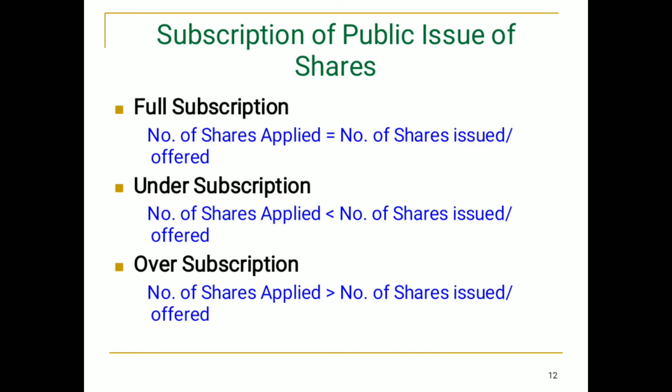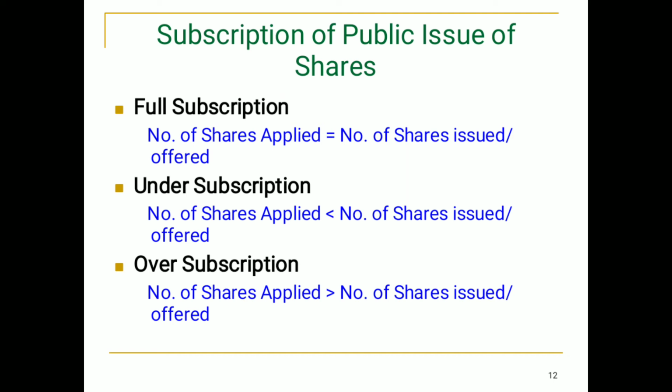Subscription of public issue of shares: full subscription, under subscription, over subscription. Consider a simple example to understand this concept. Say, for example, you have issued 30,000 shares of rupees 10 each.